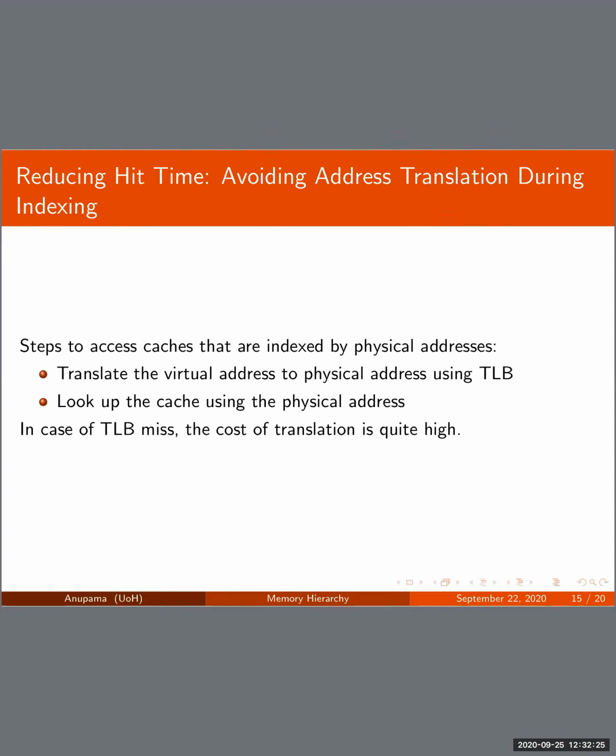Then we looked at two methods to reduce the miss penalty. One is multi-level caches, and the second one is giving priority to read accesses over write accesses. So whenever there is a write triggered by a read miss, we will actually process the write after we finish processing the read, so that the read can proceed while in the background we proceed with the write.